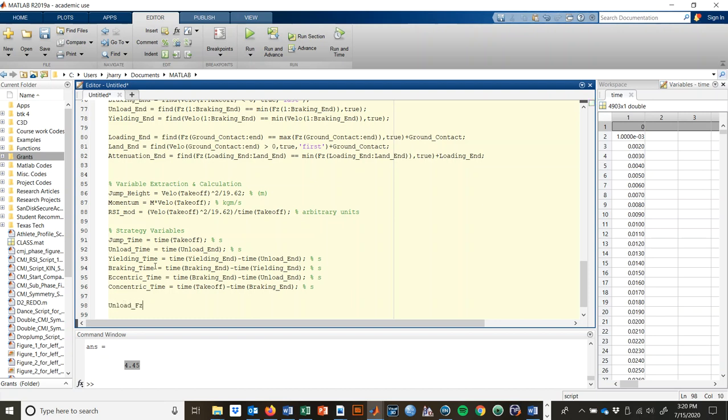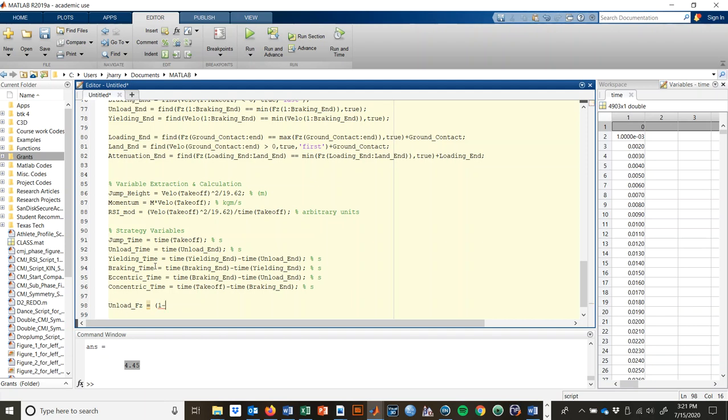So let's do unload FZ. Now what we're going to do is convert this to a percentage and normalize to body weight, so the percentage of body weight that gets unloaded. To do this, we're going to open a parenthesis and use 1, because that's going to be our standard to create the difference between one body weight and where they are, to create the percent.